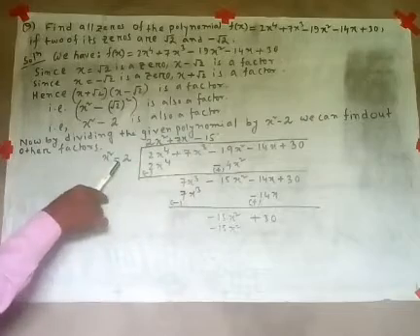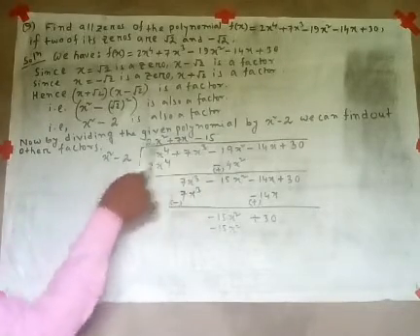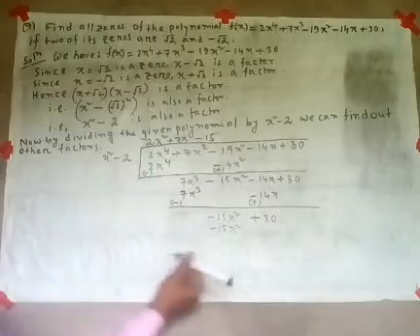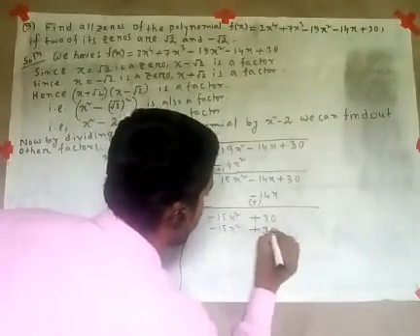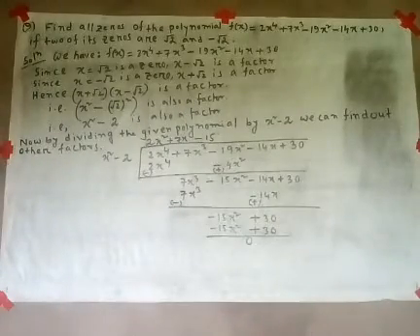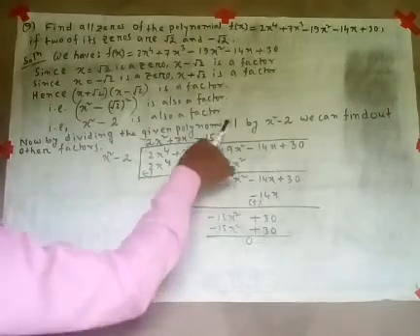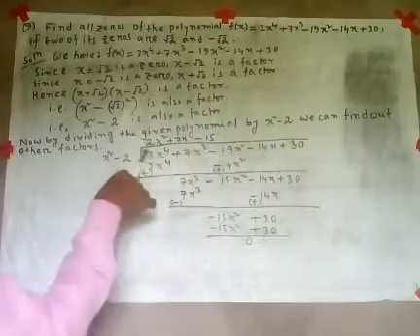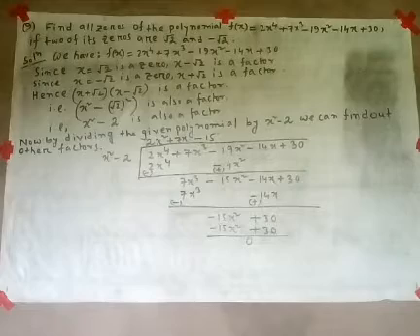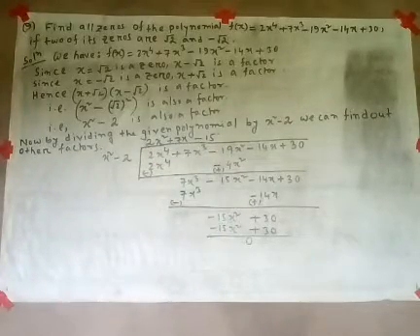Minus 15 into minus 2, minus minus plus, 15 into 2, 30. So the remainder is 0. After division we are getting the result. It means the quotient is 2x square plus 7x minus 15.